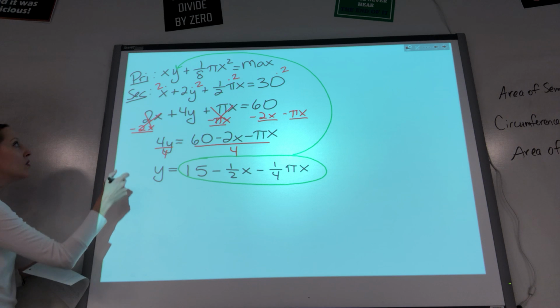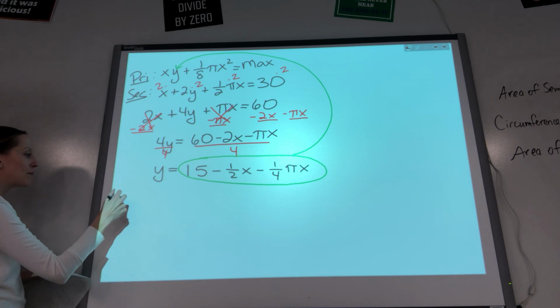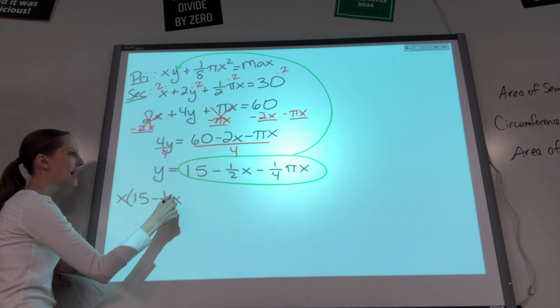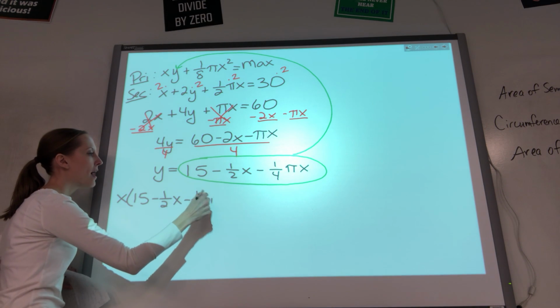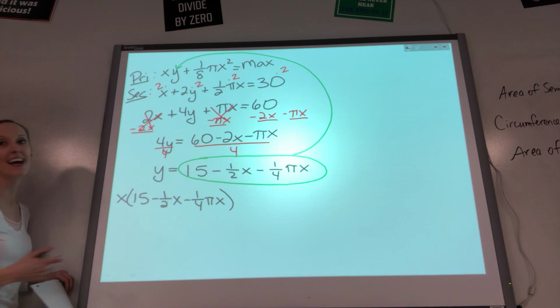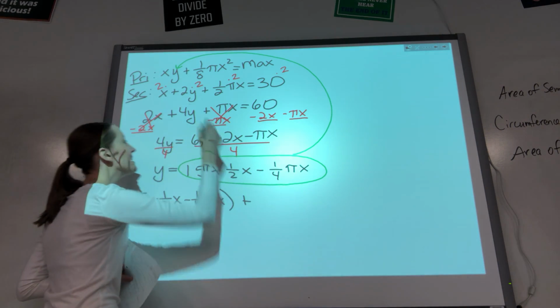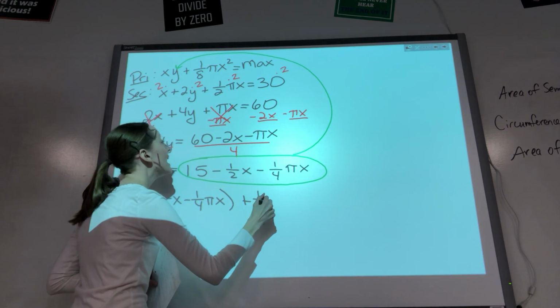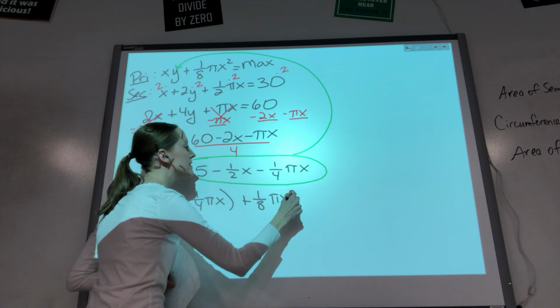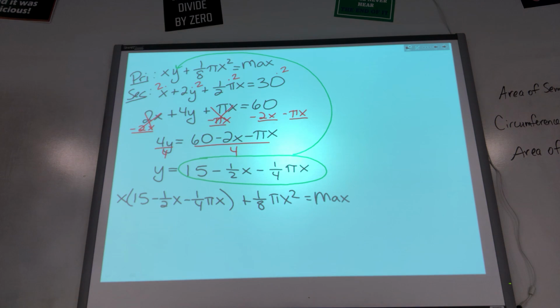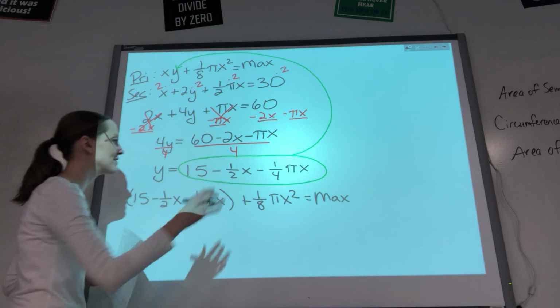Okay, so here I go. I'm going to be taking x times 15 minus 1/2 x minus 1/4 pi x. All of that was y. Then I still have a plus 1/8 pi x squared, and it equals a max. Not a bad idea to just go through and kind of check what you've written down so far.